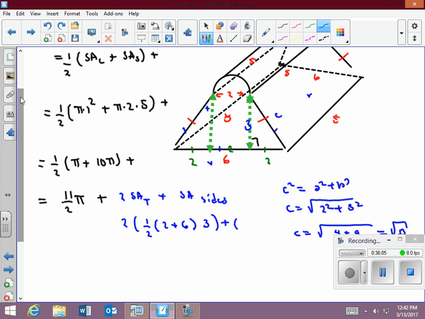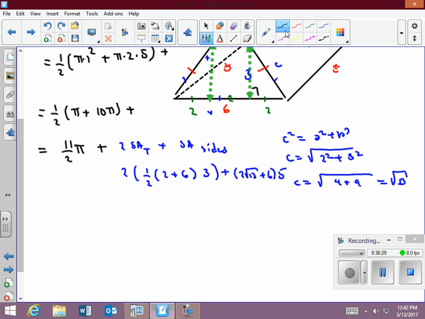Each one of those C's is the square root of 13, so it's 2 times the square root of 13 plus 6 times the height of 5, because there are only 3 sides.